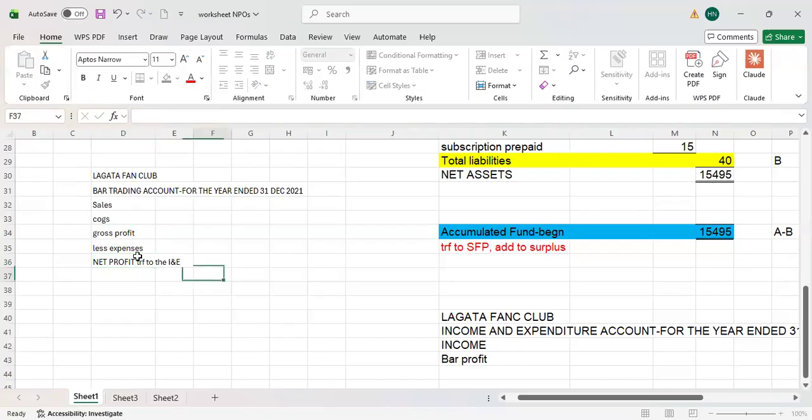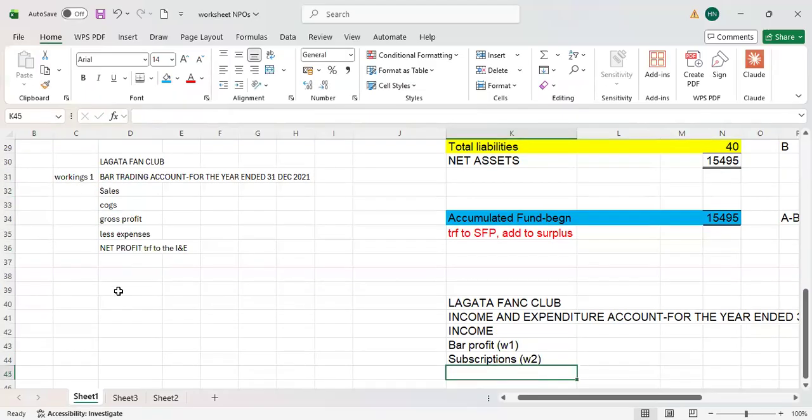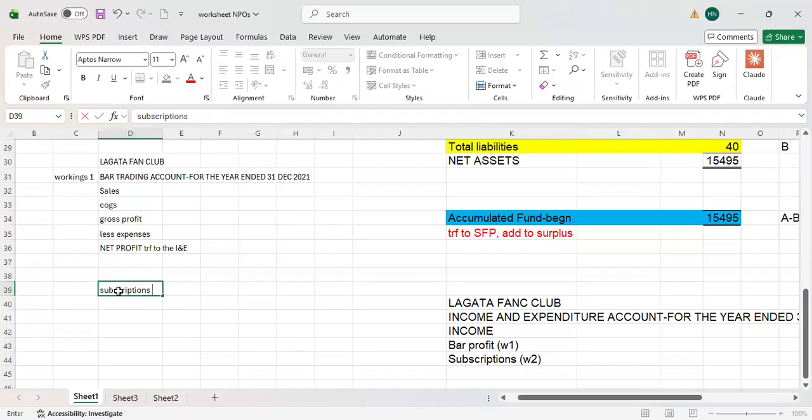Okay, so you can put here workings 1, and this is your workings 1. Okay, and then you go to your subscriptions. You can have this working 2, and then you open your subscriptions account nicely. You can check that out also, and this will be your workings 2.